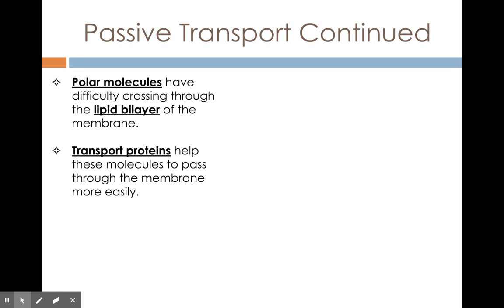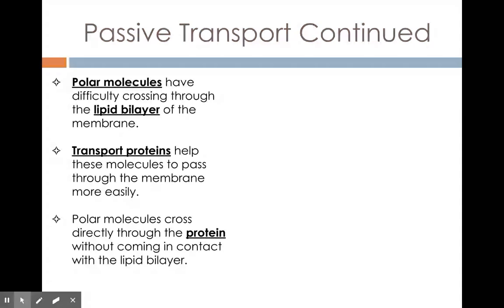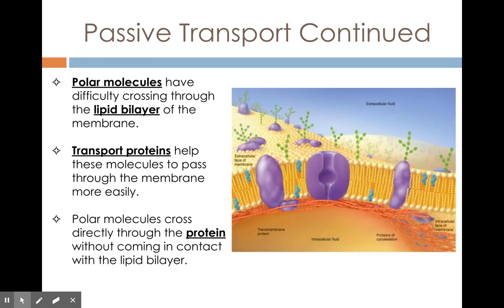In this case, we are going to need what we call a transport protein to help these molecules pass through the membrane more easily. So, these polar molecules are going to pass directly through a protein without even coming in contact with the lipid bilayer. Okay, so this is my protein channel here, or what I call a transport protein.